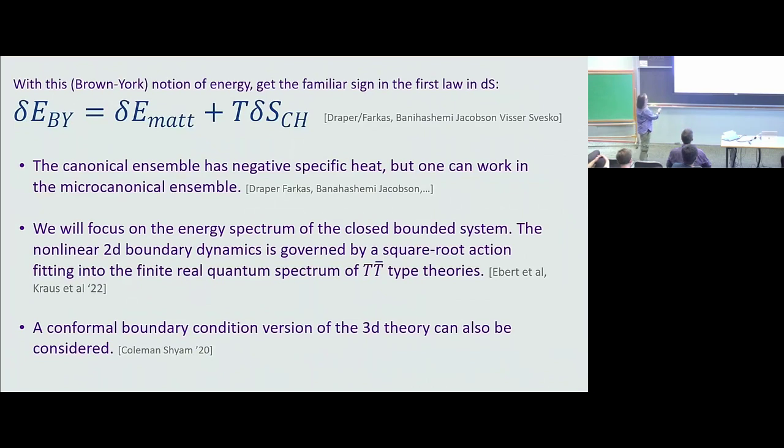They didn't have this Brown-York energy notion, so the Hamiltonian constraint says that this combination is 0, and if you interpret the matter energy in the system as the energy that's supposed to be there in the first law, it's a true fact that this sums to 0. However, if you consider the Brown-York energy as the notion of energy that's relevant, then you get the sign of the first law being the normal thing.